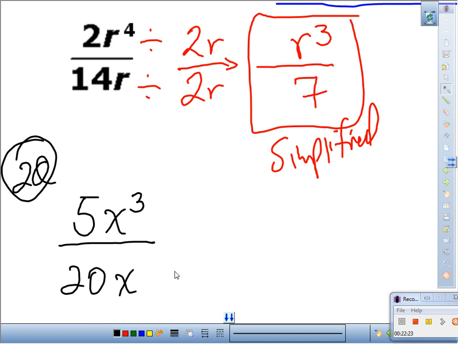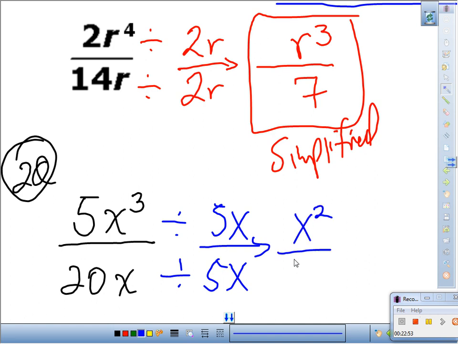Simplify that one. 10 seconds. 9, 8, 7, 6, 5, 4, 3, 2, 1. What's our GCF, everyone? 5x, and if we divide each one by 5x, we're left with x squared over 4. This is simplified.